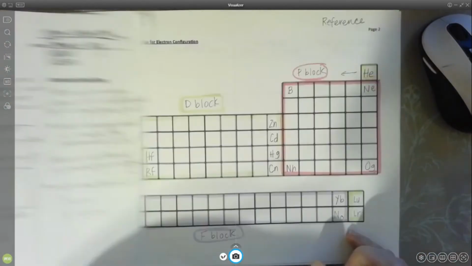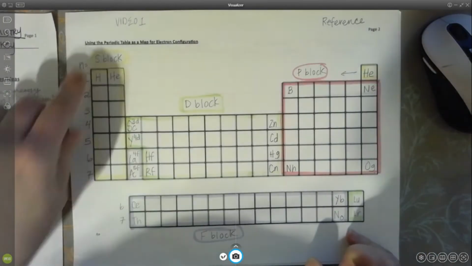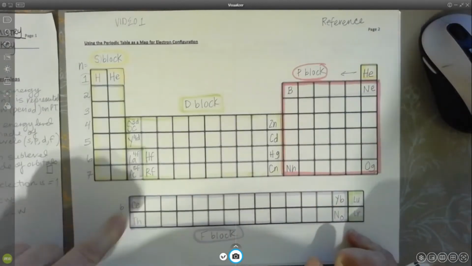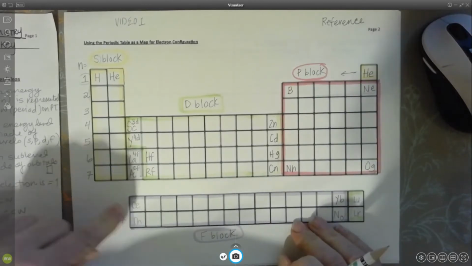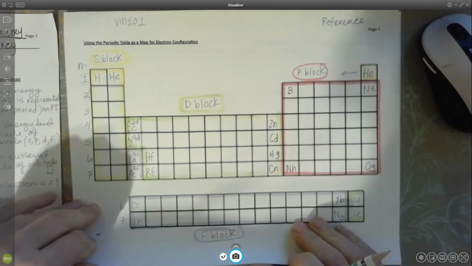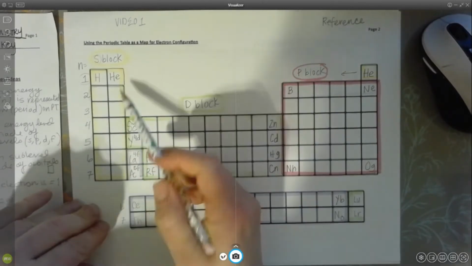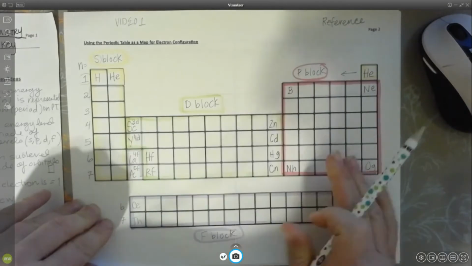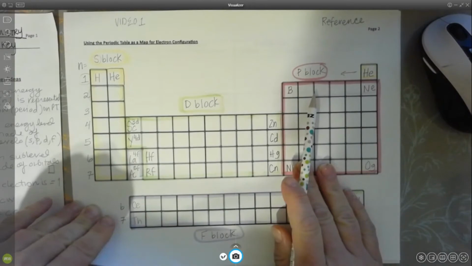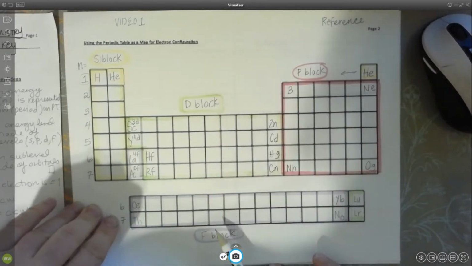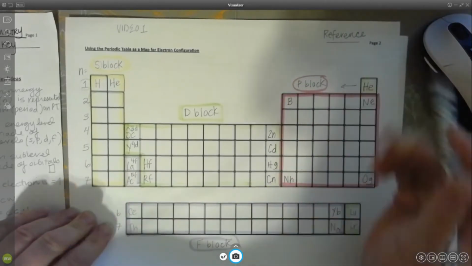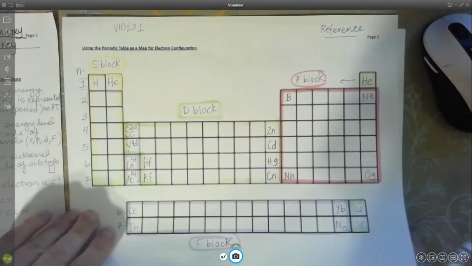So last class, or last video, we also took a look at the periodic table, and we found out that the periodic table is going to help us to describe the location of each and every electron in every single atom. And we've divided it into 4 sections: the S block for that sphere, the P block for that petal shape, D, and F. And so this is going to be a very important reference for you, and we're going to refer back to it over and over again.